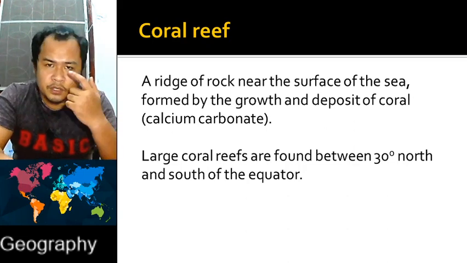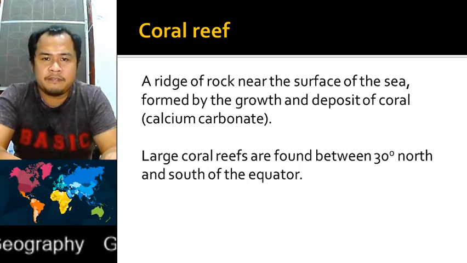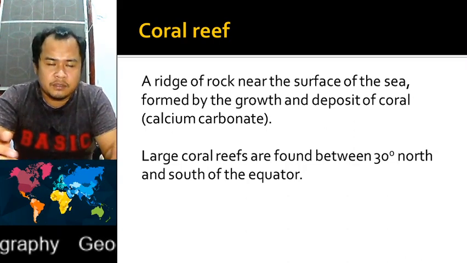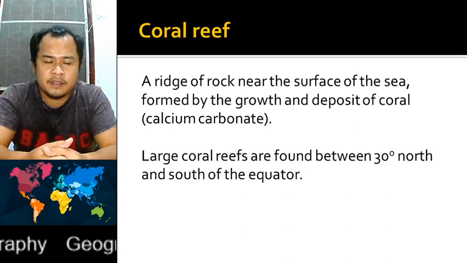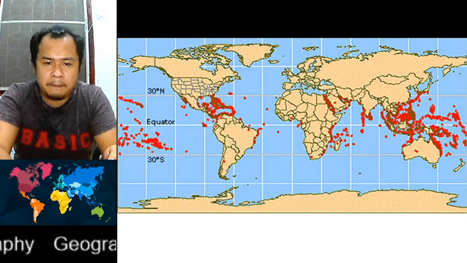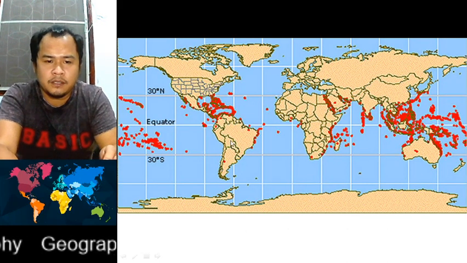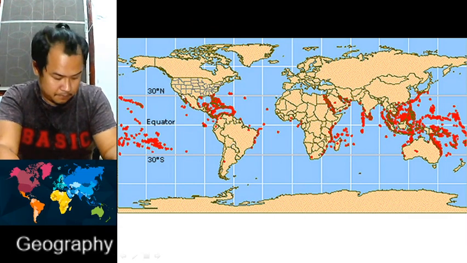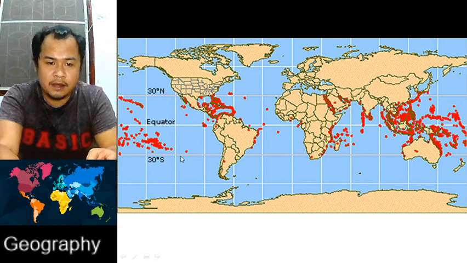Most of the coral reefs live along the 30 degrees latitude north and south of the equator. If you look at the map of the world, 30 degrees north will be here, and 30 degrees south will be here.